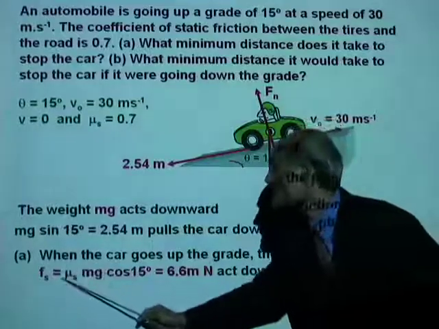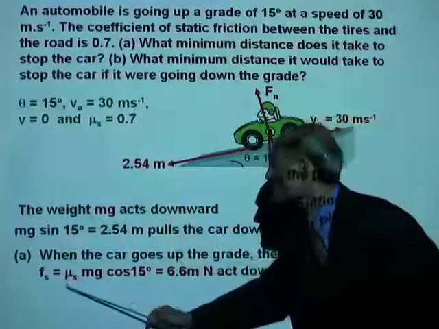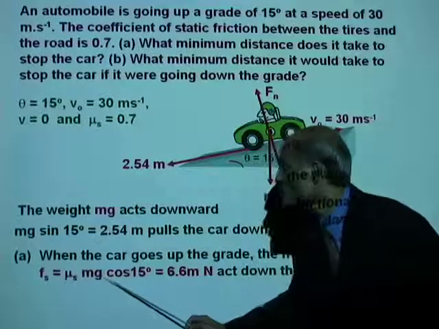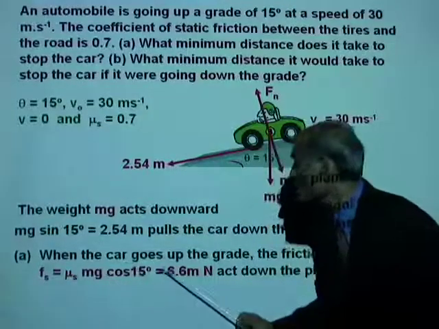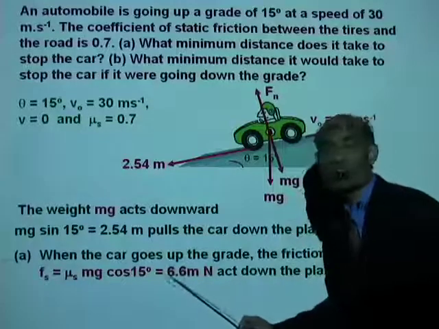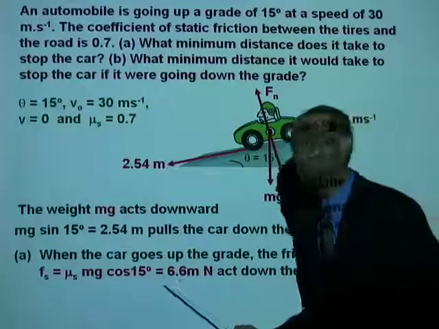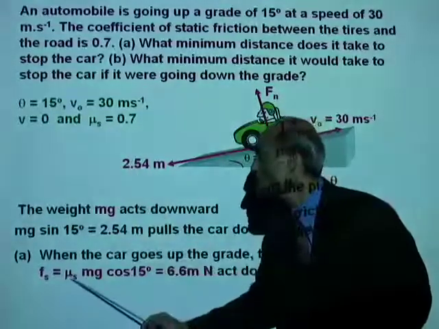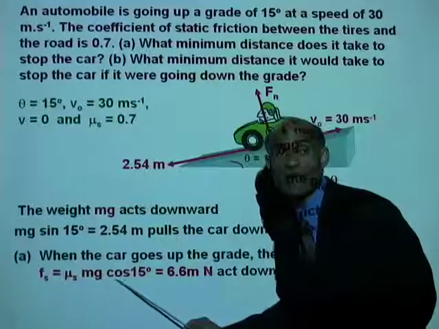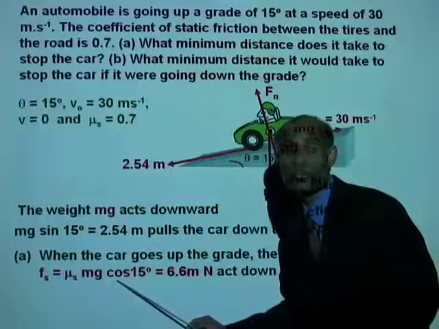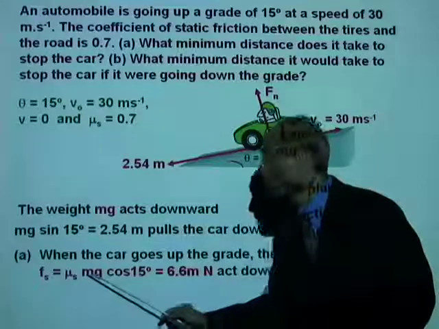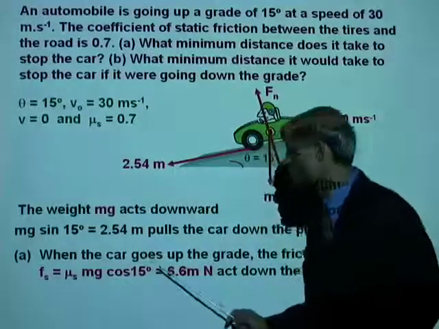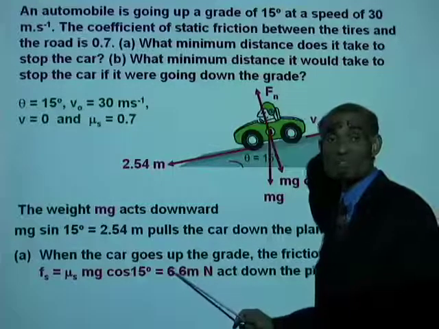Now, mu s is known, we know that is 0.7, and so multiply 0.7 with g cos 15 degrees, and that will give you 6.6. So watch here again, the 6.6 is mu s, which is 0.7, times 9.8 times cos 15. Now please check that on your own. 0.7 times 9.8 times cos 15 degrees is 6.6.